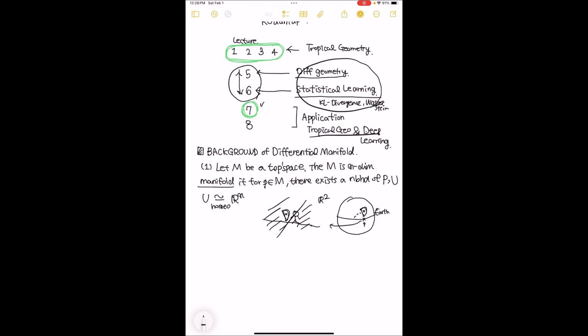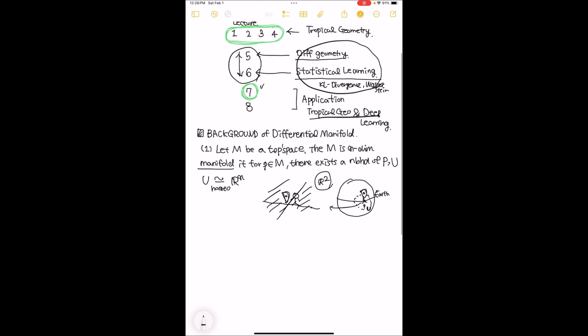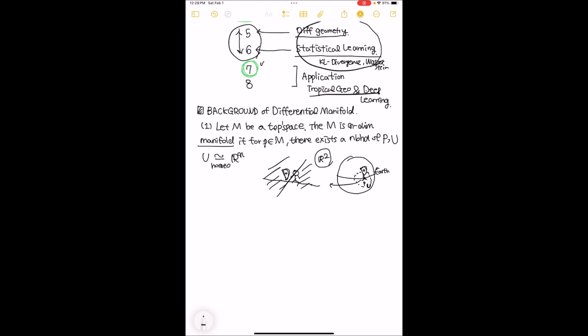That means that if you take a neighborhood of P, say U, locally it looks like a plane. If you understand this, you can understand the definition of a manifold.